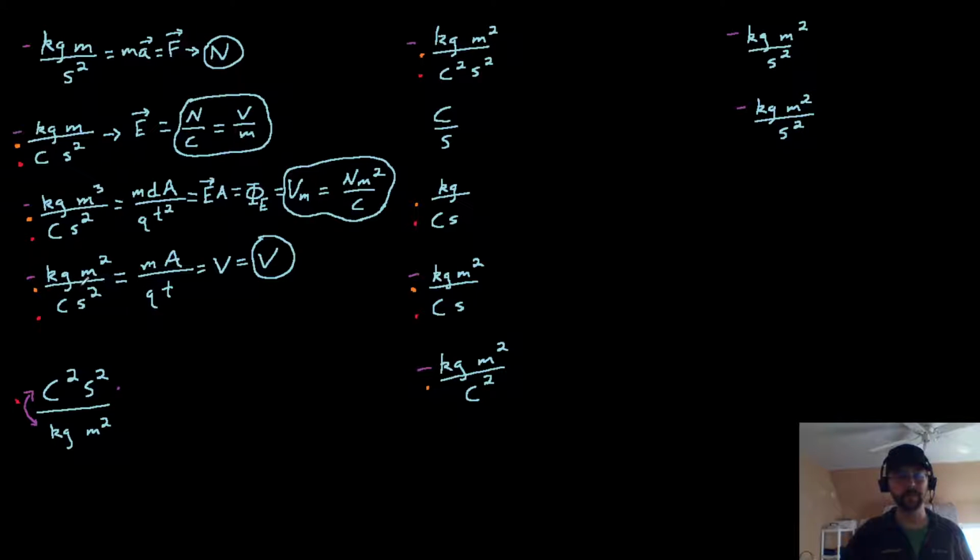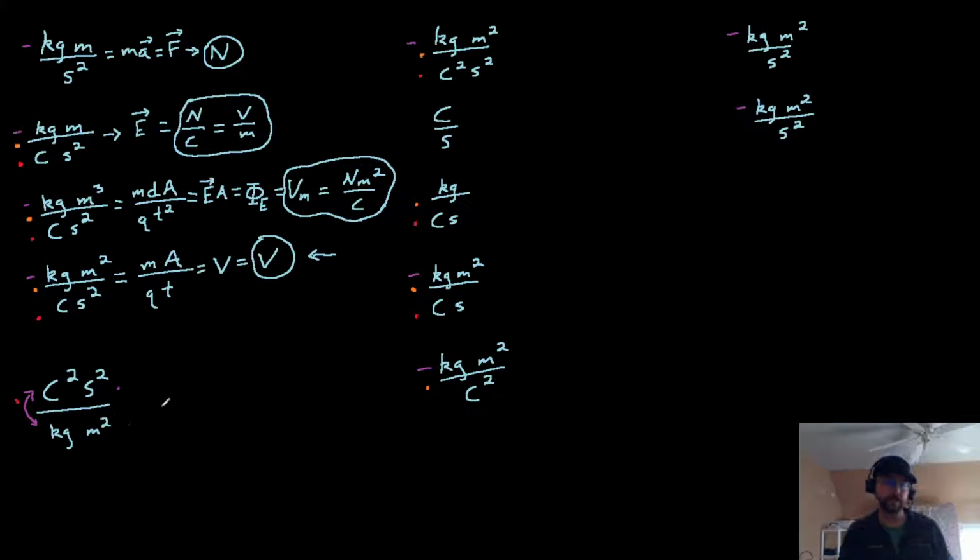Actually, electric field times distance, because kilograms times meters per second squared right here is newtons. Newtons per coulomb is the electric field. So the electric field times distance, I guess that has to do with the ability of something to flow. It's still not quite as clear as some of the others were.